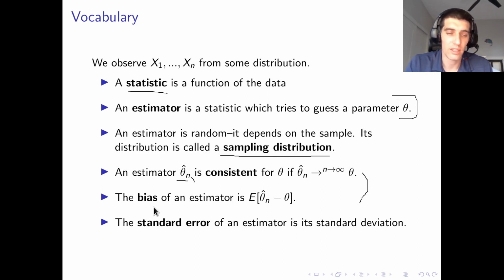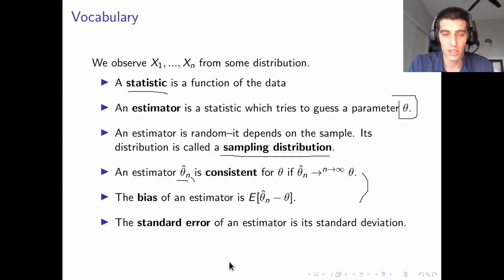That's an intuitive property for an estimator to have. And the bias of an estimator: if an estimator is unbiased, it means that its bias is 0. An unbiased estimator says that I am equal to the truth on average, right? These are different.